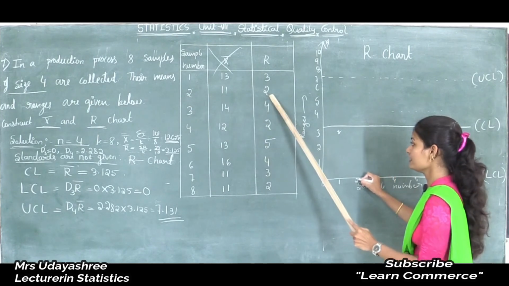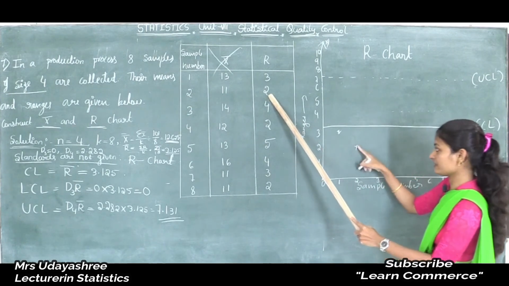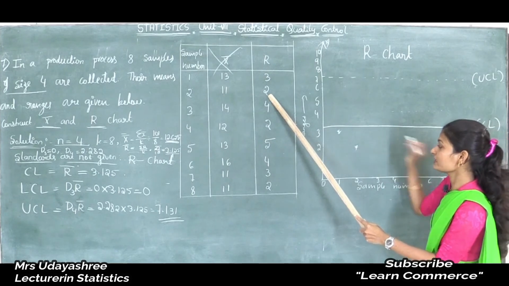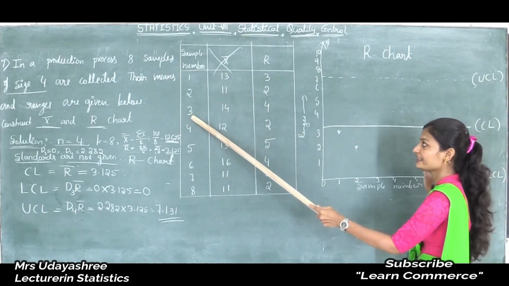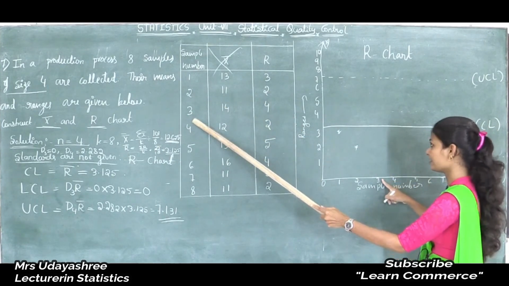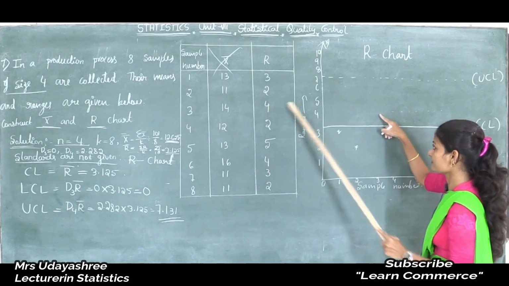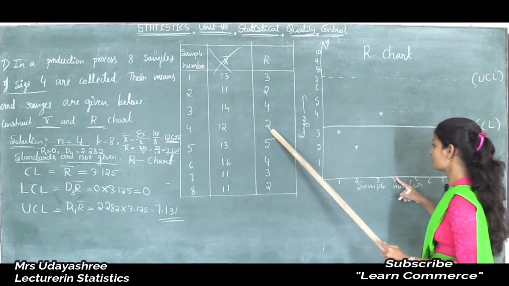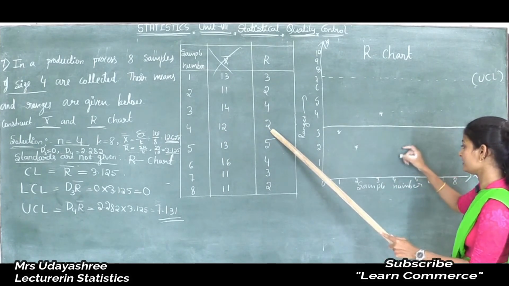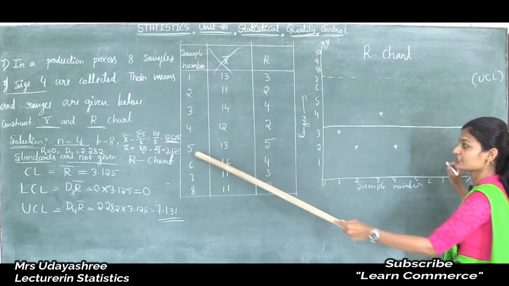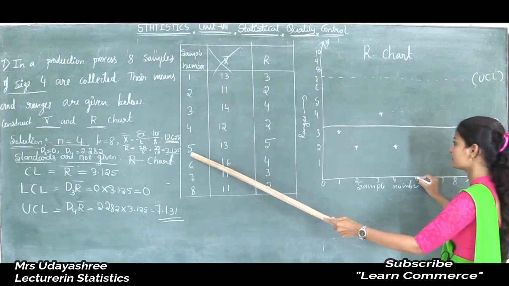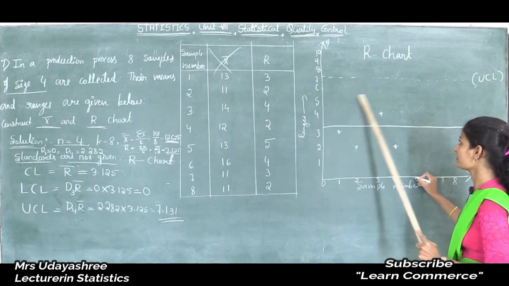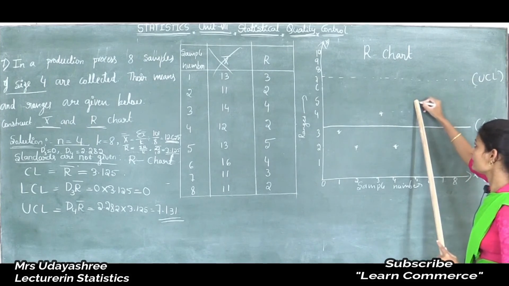So here I will put one mark. Next 3 and 4. See 3 is here, 4 is here. Here I will put one mark. Next 4 and 2. So 4 is here, 2 is here, that corresponding value is here. Next 5 and 5. 5 is here and 5 is here. So here I will put one mark.